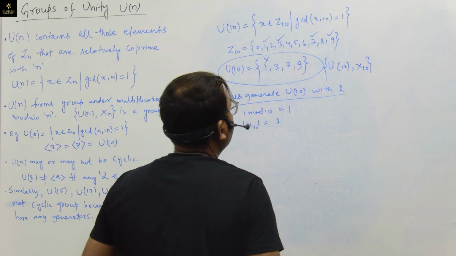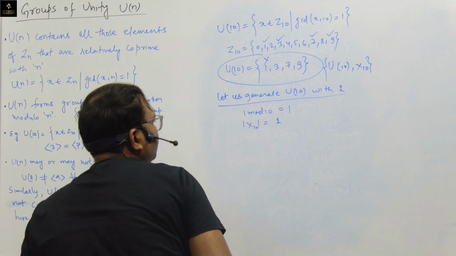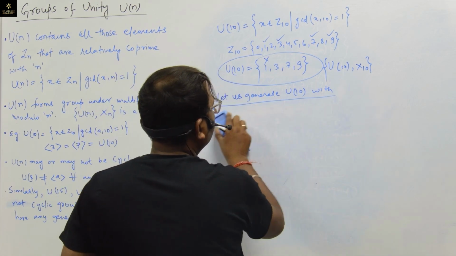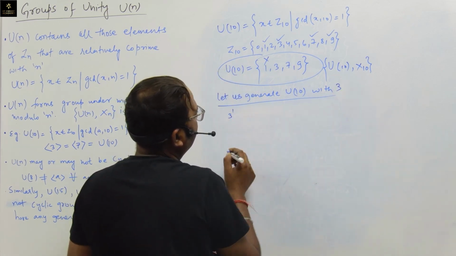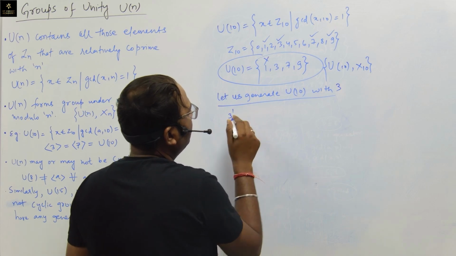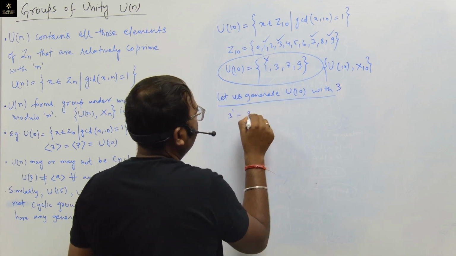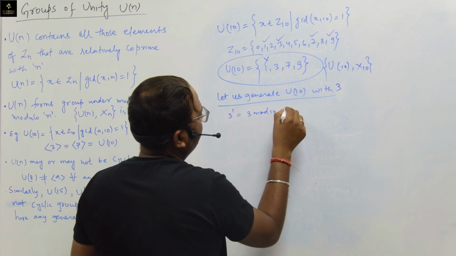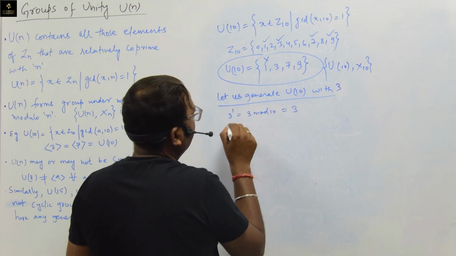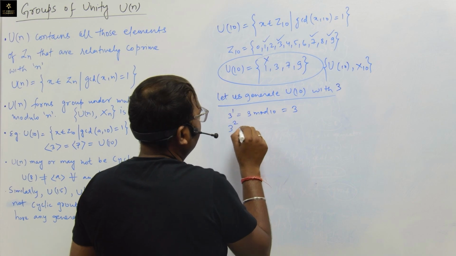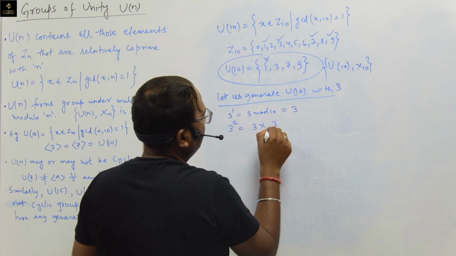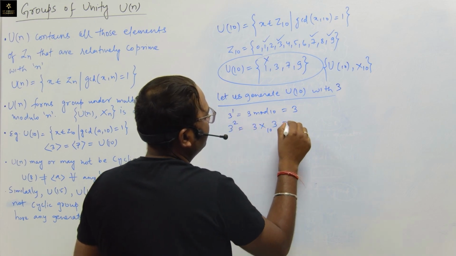Now let us generate U10 with 3. So 3 to the power 1. We have operated 3 one time under multiplication modulo 10, so this is 3 mod 10, which is 3. Now let us operate 3 two times: 3 cross 3 under multiplication modulo 10, so this is 9.